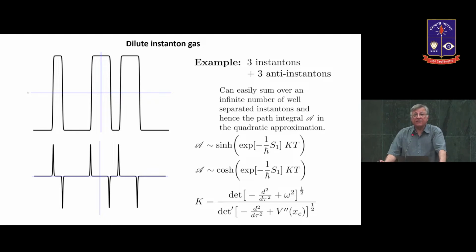Now, those classical actions have to be summed over, but you can do that only if the instantons are suitably separated from each other, which means that you're thinking of the instantons as kind of dilute atoms in a gas, in a one-dimensional gas. And so this is what you call a dilute instanton gas.